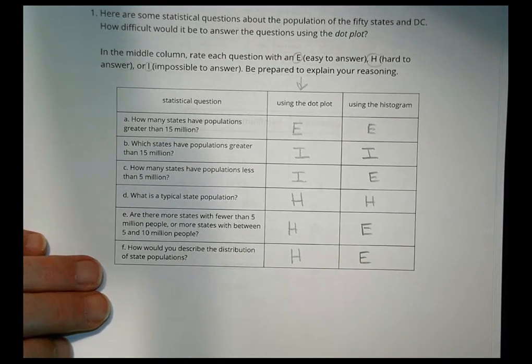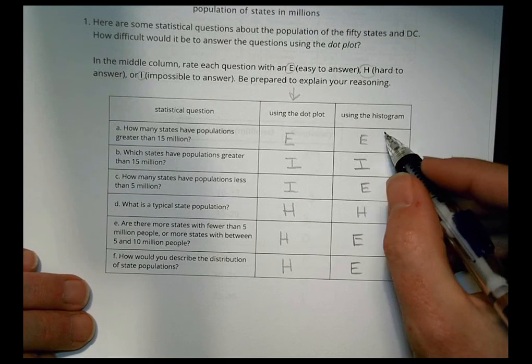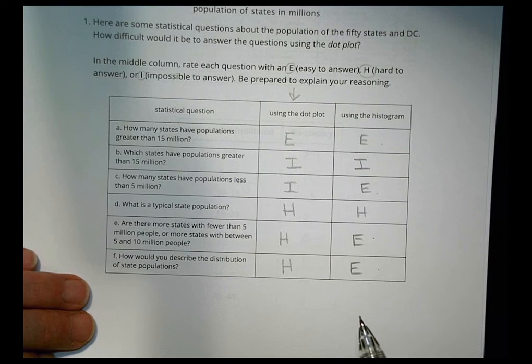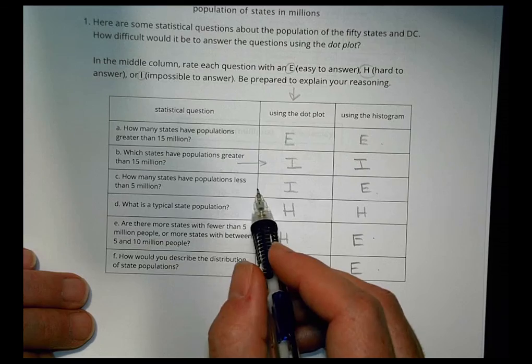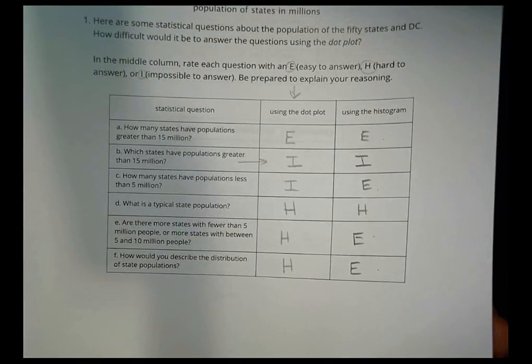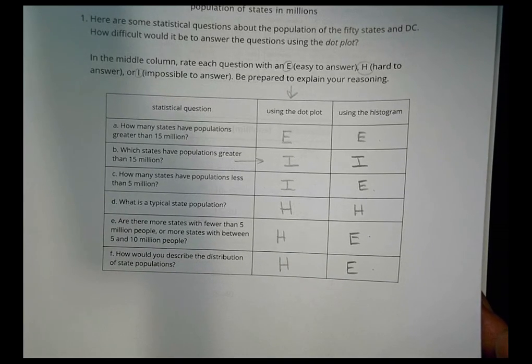Based upon these numbers, the histogram ends up with 4 easies compared to 1 easy for the dot plot. They both have the same impossible question. This one actually has 2 impossible questions. So sometimes it's just better to use a dot plot than a histogram. It just depends on the situation and what you're being asked to do.